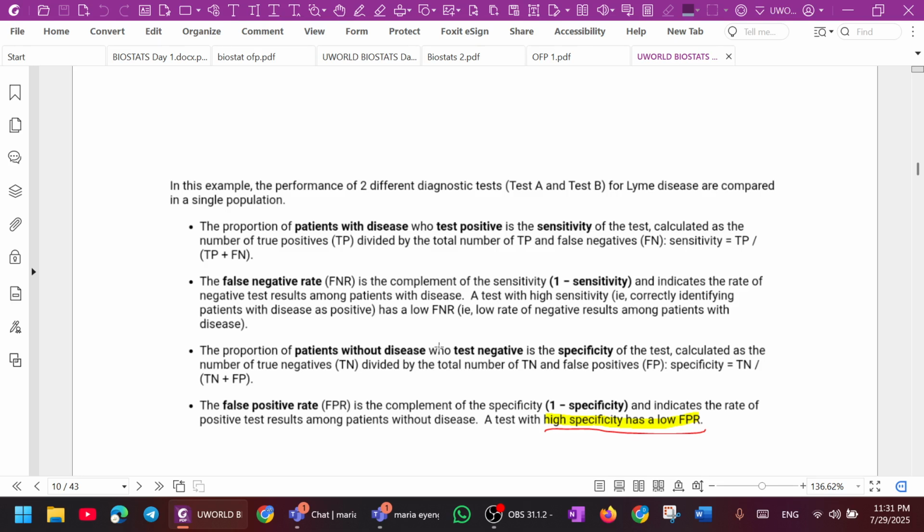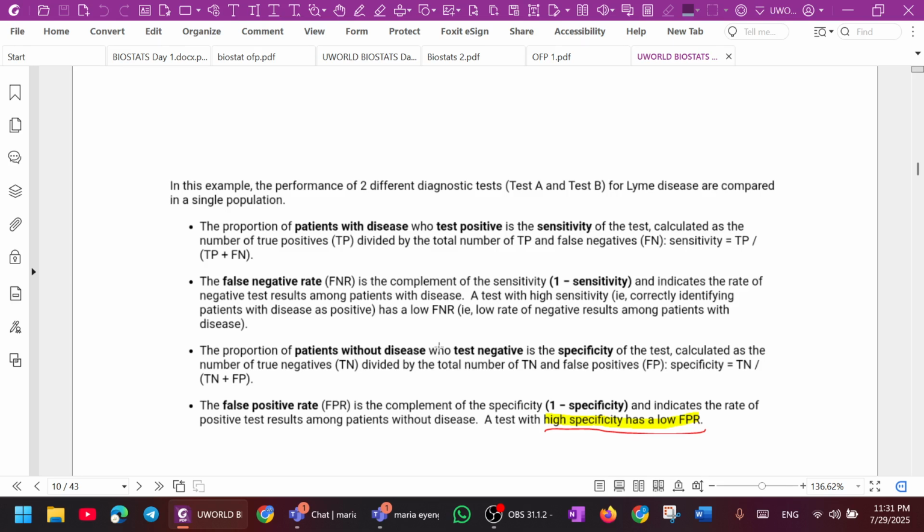A test with high sensitivity correctly identifies patients with disease as positive and has a low false negative ratio, a low rate of false negative results among patients with disease.